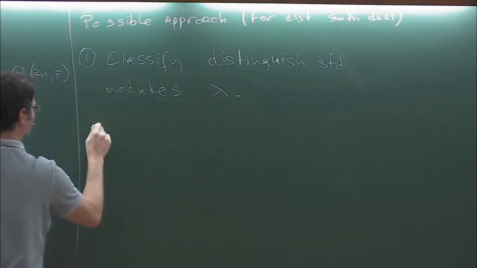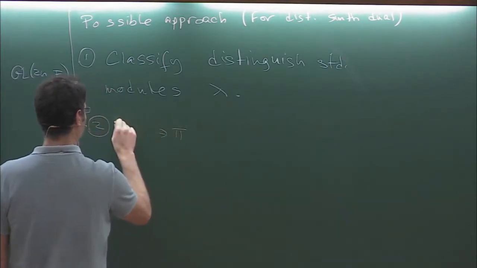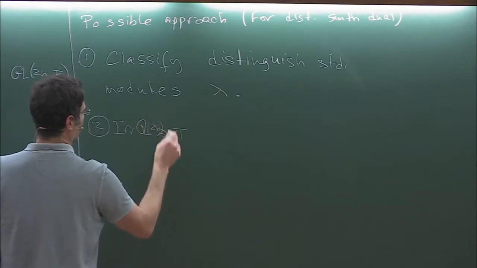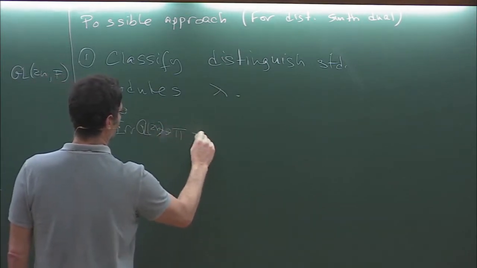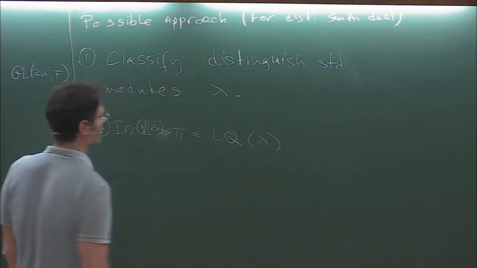And then if you have an irreducible representation, well, you realize it as the Langlands quotient of its standard module.